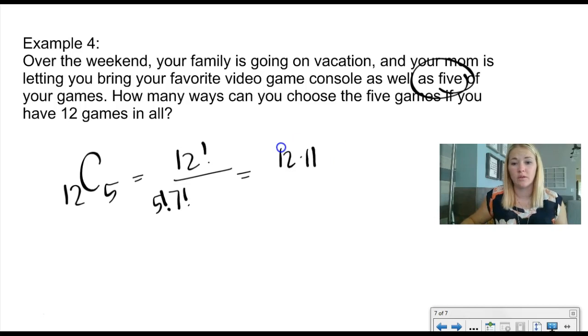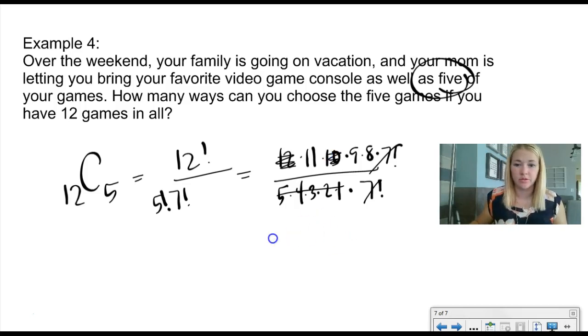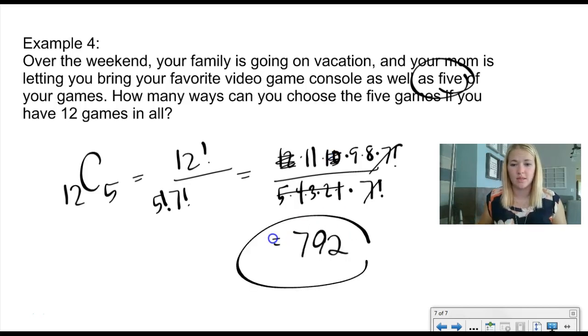So 12, 11, 10, 9, 8, 7 factorial over 5, 4, 3, 2, 1 times 7 factorial. These cancel, and I know 5 times 4 times 3 times 2 times 1 is 120, which is 12 times 10. And I'm left with 11 times 9 times 8, which is 792. You'd be there all week just deciding which games you're going to bring.